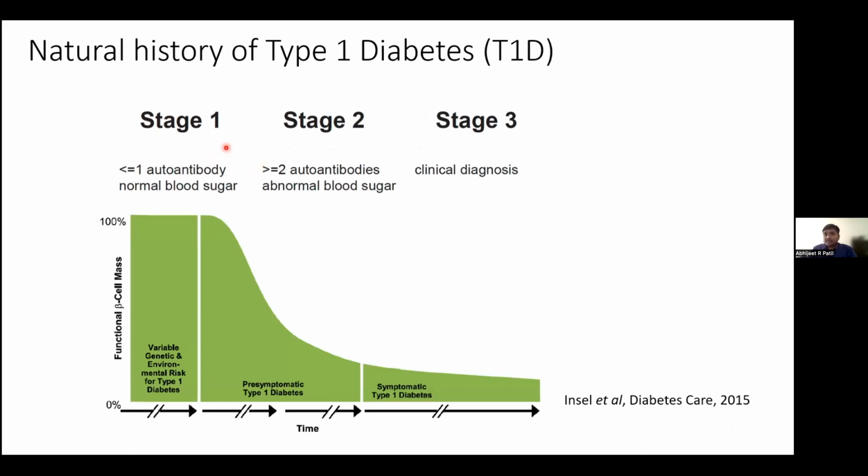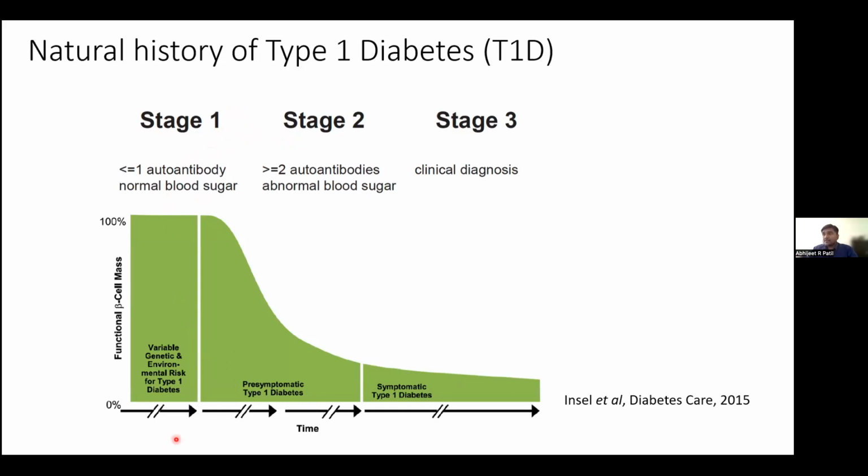As most of you might already know, type 1 diabetes is an autoimmune disorder, and it happens in 3 stages, as shown in this figure. The first stage is asymptomatic, where you have just less than or equal to 1 autoantibody, you have normal blood sugar, and the beta cell mass is intact.